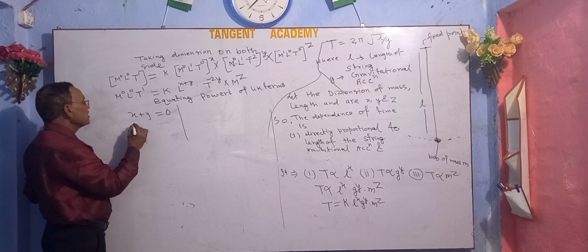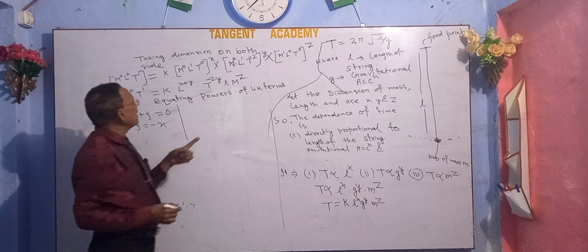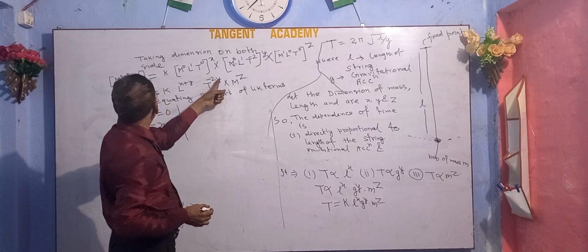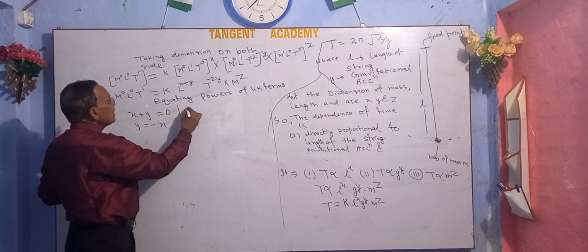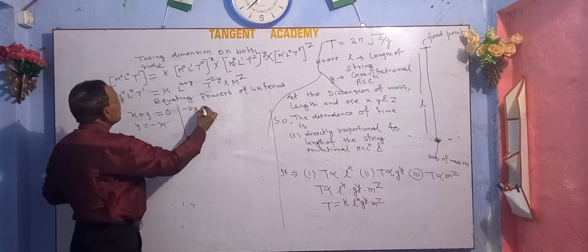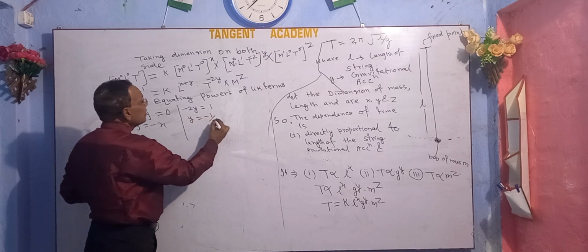So y is equal to minus x. Here T has power minus 2y, and on the left T has power 1. So minus 2y is equal to 1. Therefore y is equal to minus half.